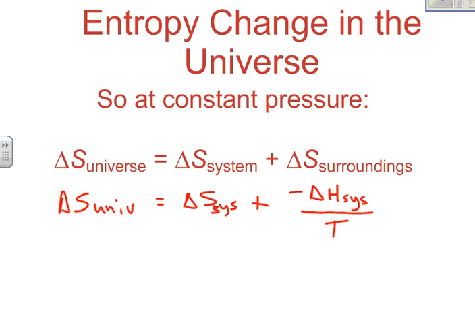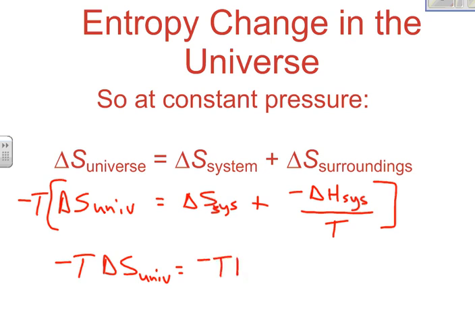Because what we're going to want to do now with this equation is multiply through by negative T. And that's going to give us negative T times delta S of the universe is equal to negative T delta S of our system plus the delta H of our system.